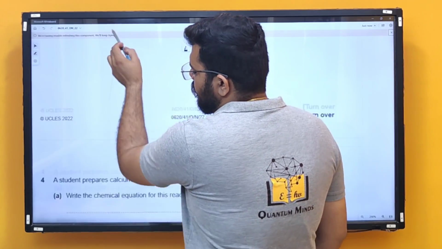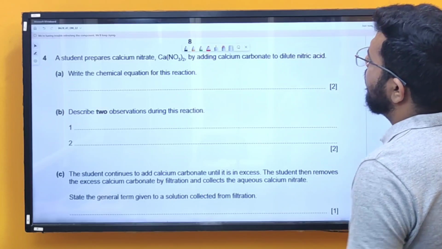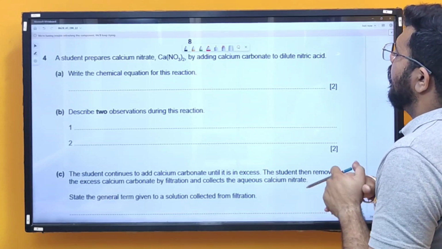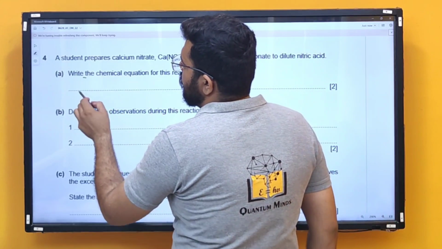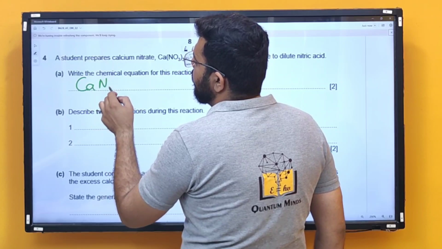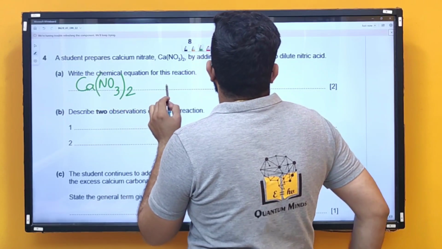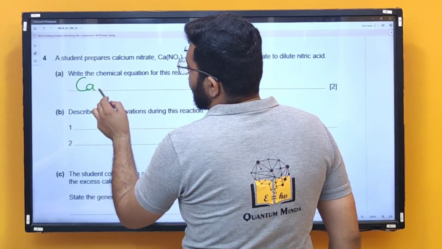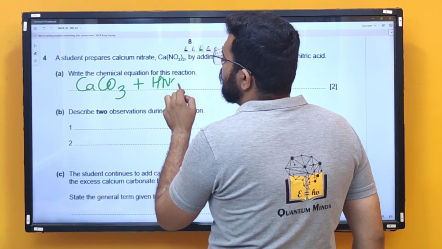Then next question we have, a student prepares calcium nitrate by adding calcium carbonate to dilute nitric acid. Write the chemical equation for this reaction. So calcium nitrate, right, by adding calcium carbonate to dilute nitric acid, HNO3.